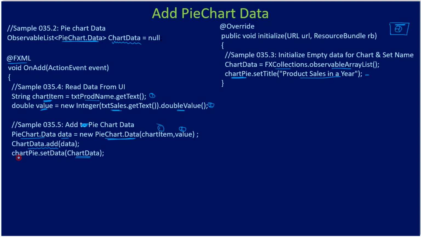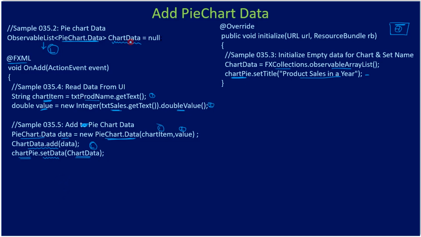Chart pie is our FXML entry, right? Chart pie, if you see, we already used in the initialize method to set the title. Now we are using the same FXML entry and we make a call to the set data method, and to the set data method we give the list. The list is nothing but our slice list.